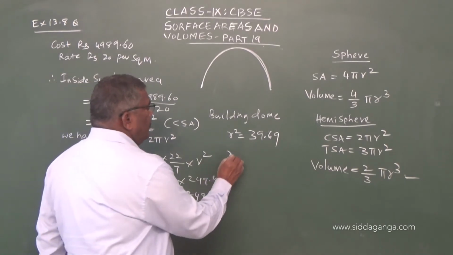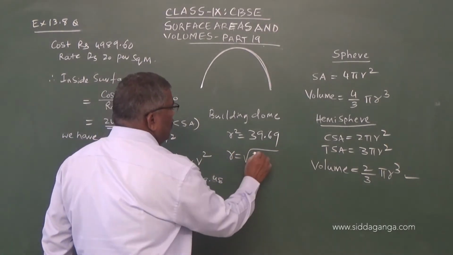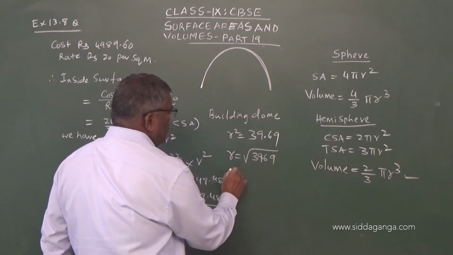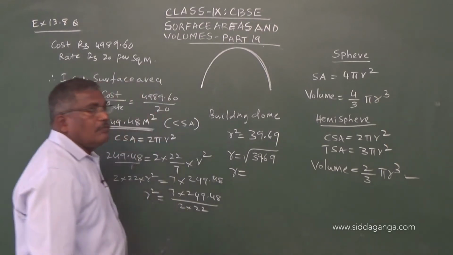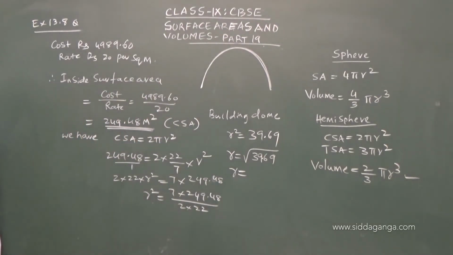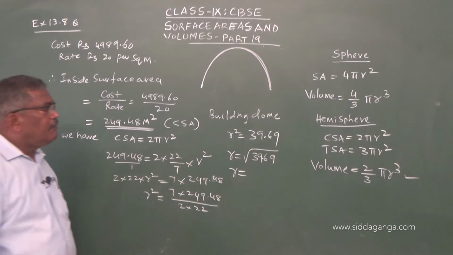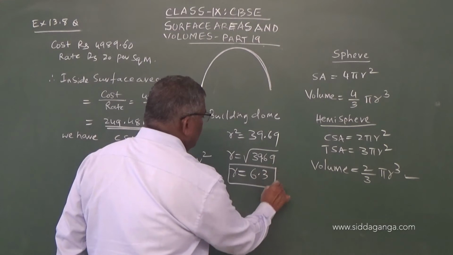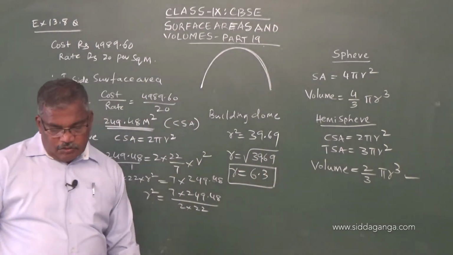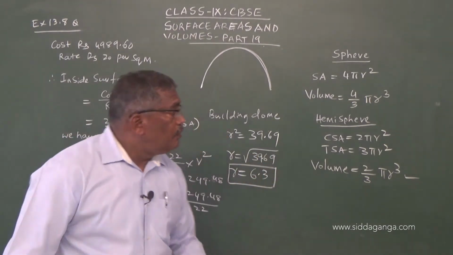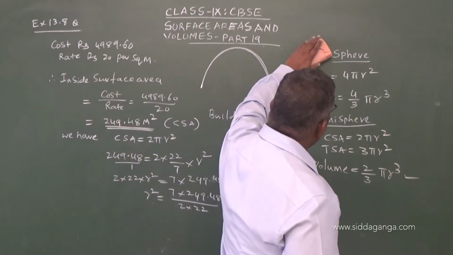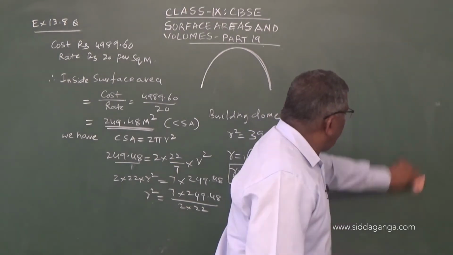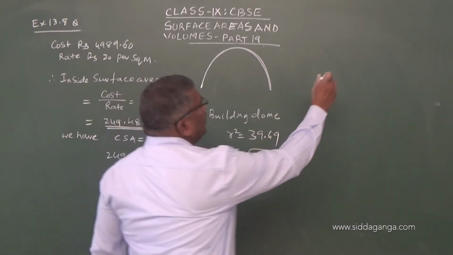Now R will be equal to square root of 39.69, which is 6.3. You know how to calculate the square root, so I will show you. We have 39.69 here.